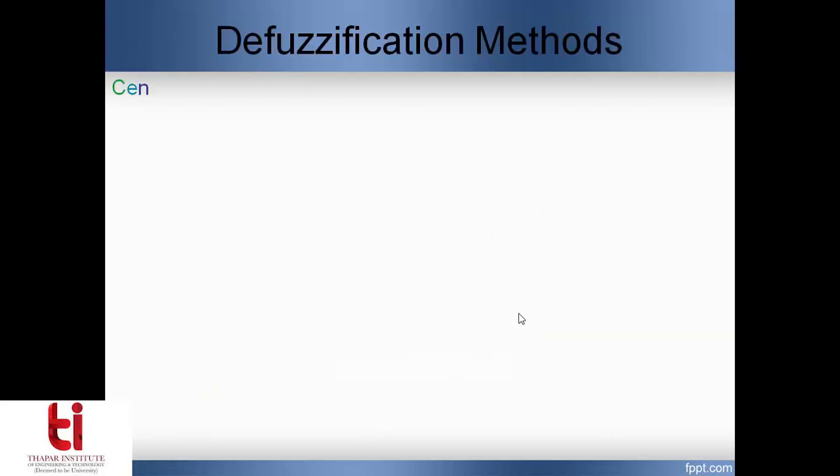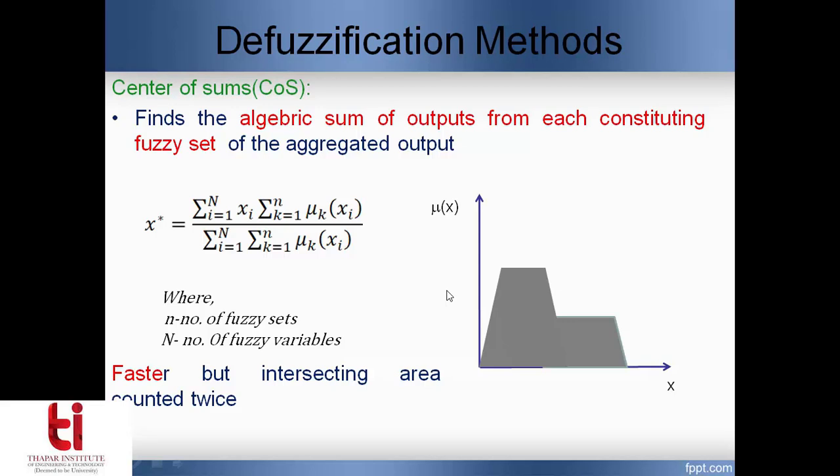So once I have identified the centroids and the areas of the individual fuzzy sets which are constituting or comprising my aggregated output, I will try to find the algebraic sum of the centroids of these individual fuzzy sets.